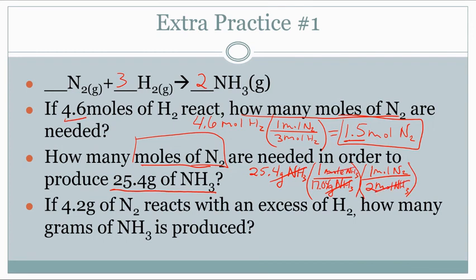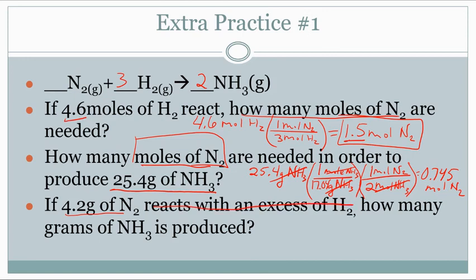So I do 25.4 divided by 17.04 equals, divided by 2 equals 0.745. 0.745 moles of N2.